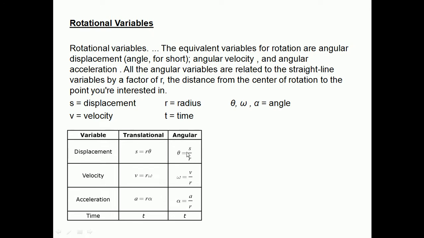So this is the angular and translational case. The next variable is the velocity. Here, you remember that the angular velocity is equal to the velocity divided by the radius, and the angular acceleration is equal to the linear acceleration divided by r.